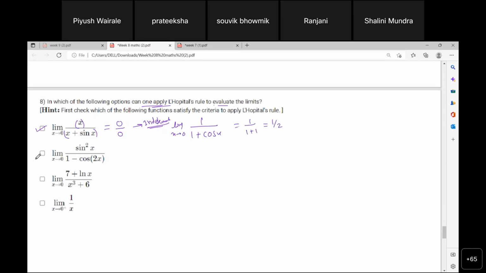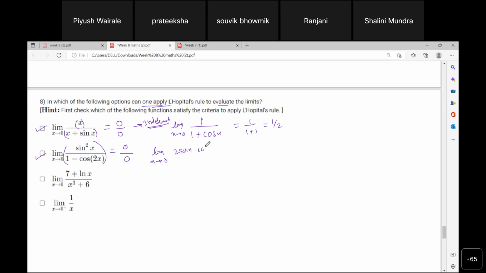Okay, anyone try this problem? Yes, and the answer comes out to be 0 by 0. The numerator you get as 0. So we need to differentiate this function. It becomes 2 sin x cos x.